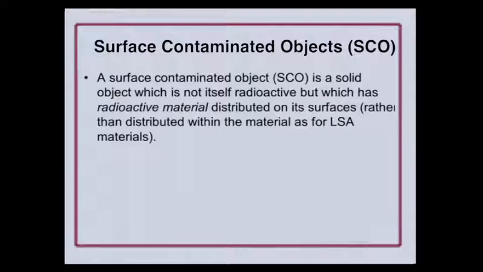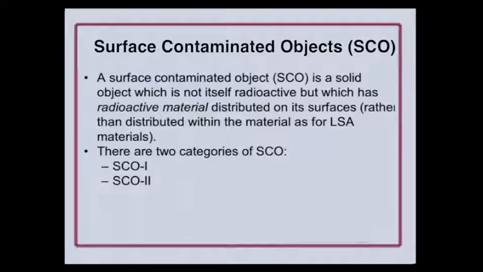So as you might suspect, it deals with loose surface or non-fixed contamination. The object itself is not radioactive, but has radioactive material distributed on its surfaces rather than distributed within the material as for the LSA. That's not to say it can't have internal contamination. It can. It's just saying it's not mixed in with the material itself.